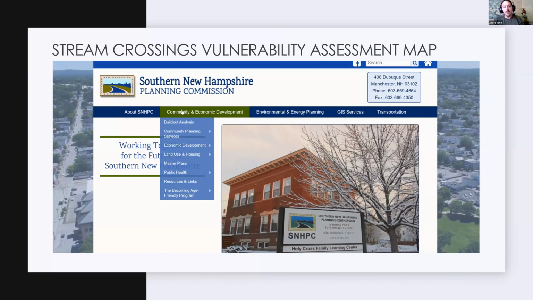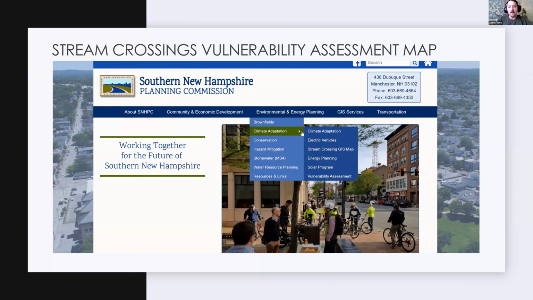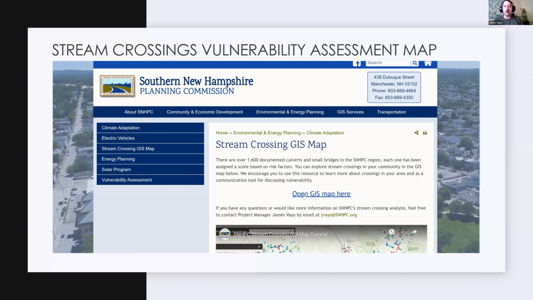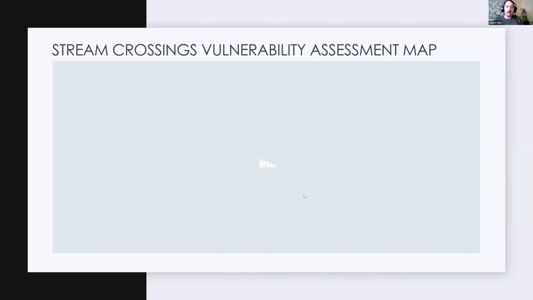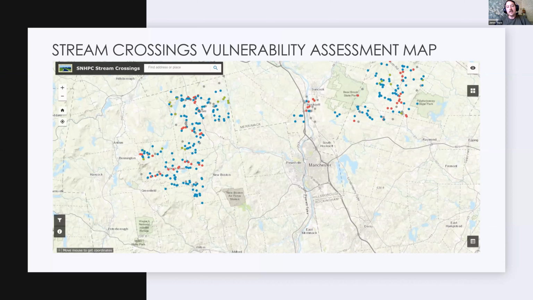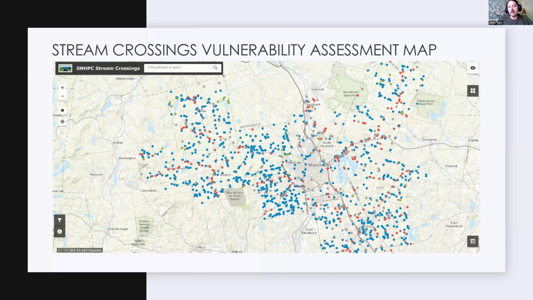Just a little side note here, on our SNHPC webpage, you can view this data by visiting the Environmental and Energy Planning tab, and then Stream Crossing GIS map. Once on this page, you can click a link, and it will open up a stream crossing assessment map that's tied to a recently completed vulnerability assessment, which I talked to this group about, I believe, last month or the month before.